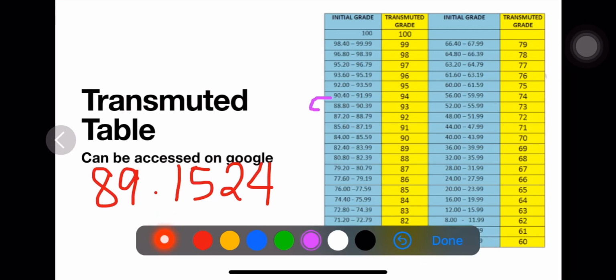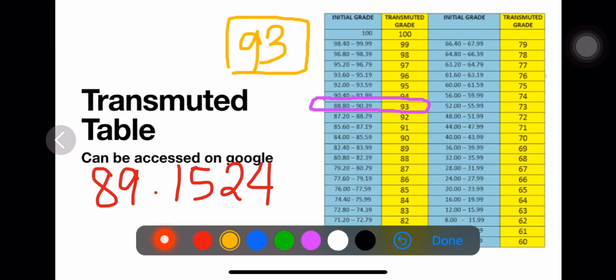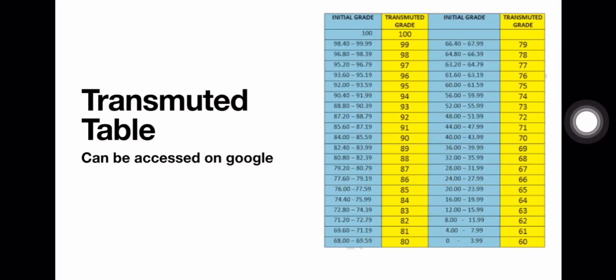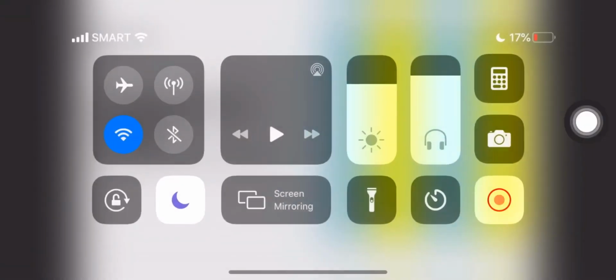So Jose Rizal's grade belongs here, 88.80 to 90.39. So meaning the transmuted grade of Rizal is 93. So that is what Rizal will see on his card. Okay? So that's all. If you have questions, please just message me on Messenger. Thank you everyone.